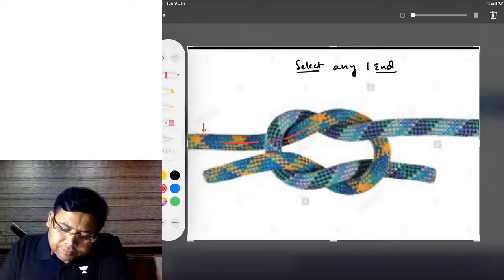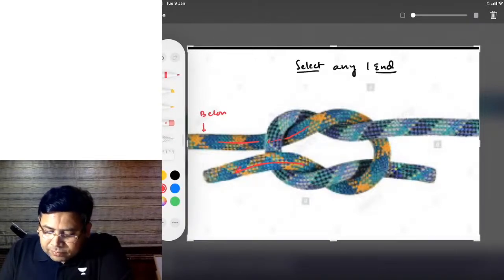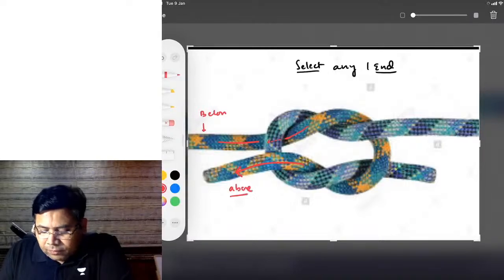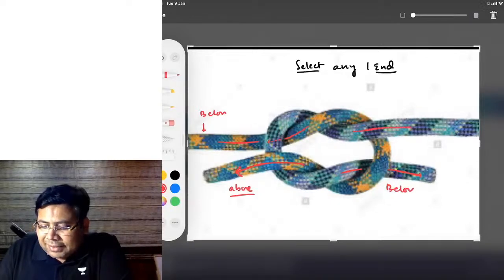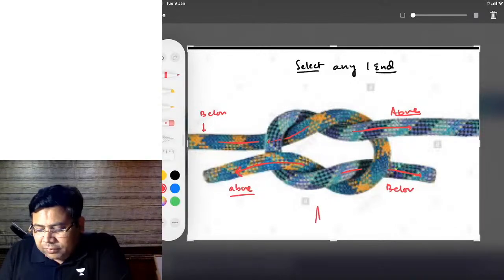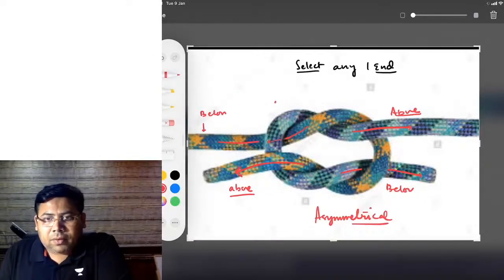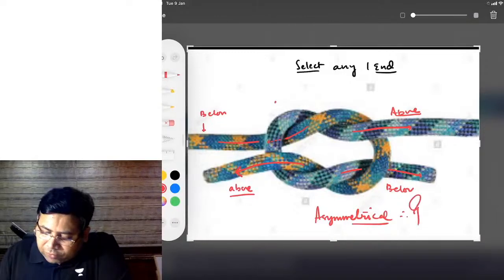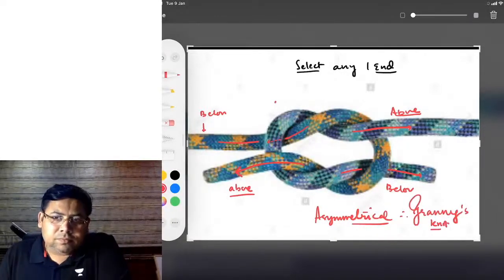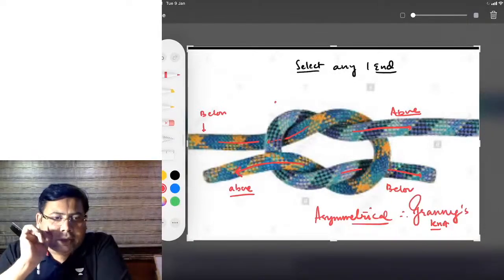So thread A is below, and this thread is above. On this side, this thread is below. On this side, this is above. Is it a symmetrical or asymmetrical knot? This is an asymmetrical knot, and therefore this is a granny's knot. Clear?